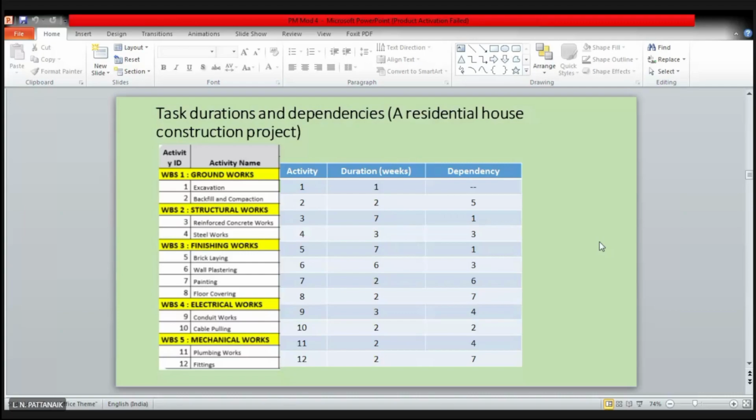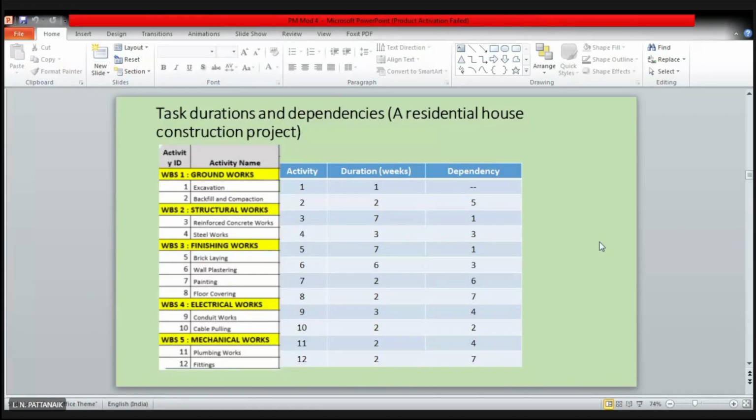You have divided your whole project of construction of the house into, let us say, these five main WBS: groundworks, structure, finishing works, electrical works, and mechanical works. And under each WBS category you have further divided some subdivisions which are related to that WBS.